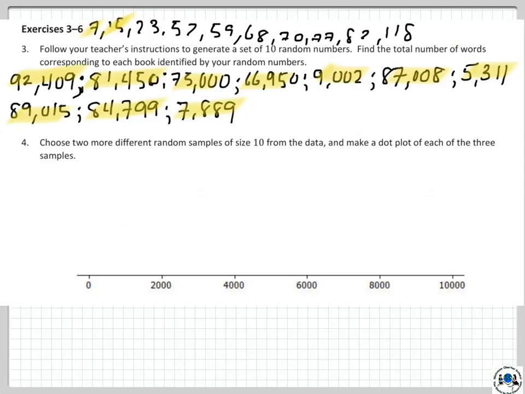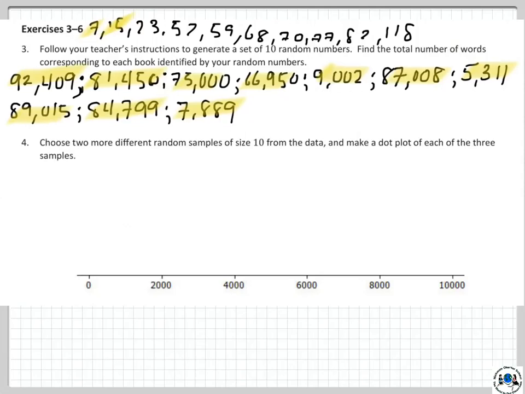So we have our first sample here. They want us to collect a second sample, and then a third sample. So what I'm going to do right now for you is go ahead and generate. If you don't have your number generator at home up on your computer, or weren't able to access it, I'm going to go ahead and generate two more random samples of numbers.